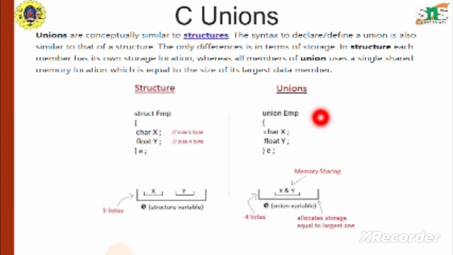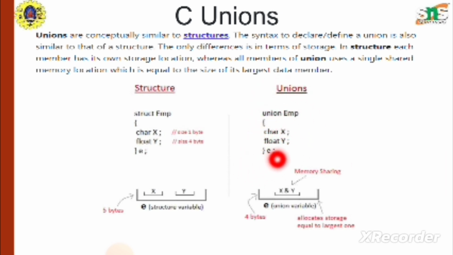Okay, next consider this union employee. We are going to use the union keyword for union, and then we give the name emp for this union. Here we use two different variables, one of char and one of float, with the names x and y. This is called the union variable, which is used to access the members of this union.